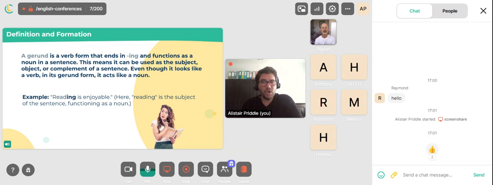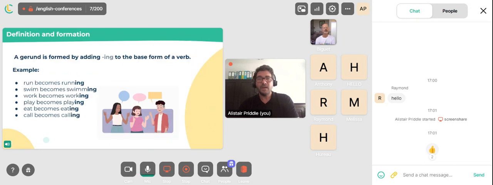So a gerund is a verb form that ends in -ing and functions as a noun in a sentence. This means it can be used as the subject, object, or complement of a sentence. Even though it looks like a verb in its gerund form, it acts like a noun. So, a gerund is formed by adding -ing to the base form of a verb.